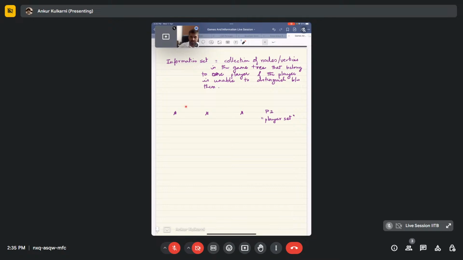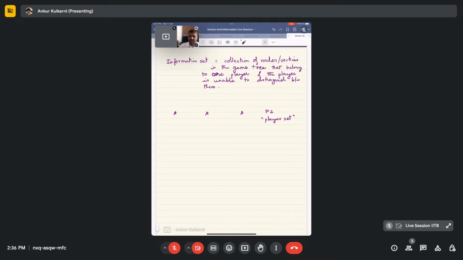Now, when we see these nodes in player two's player set, there may be two situations. Player two may be able to distinguish that he is at this node or this node or this node, or it may be that player two is unable to distinguish which node he is exactly at. So you can have these three possible nodes in which player two is not able to distinguish where exactly he is.